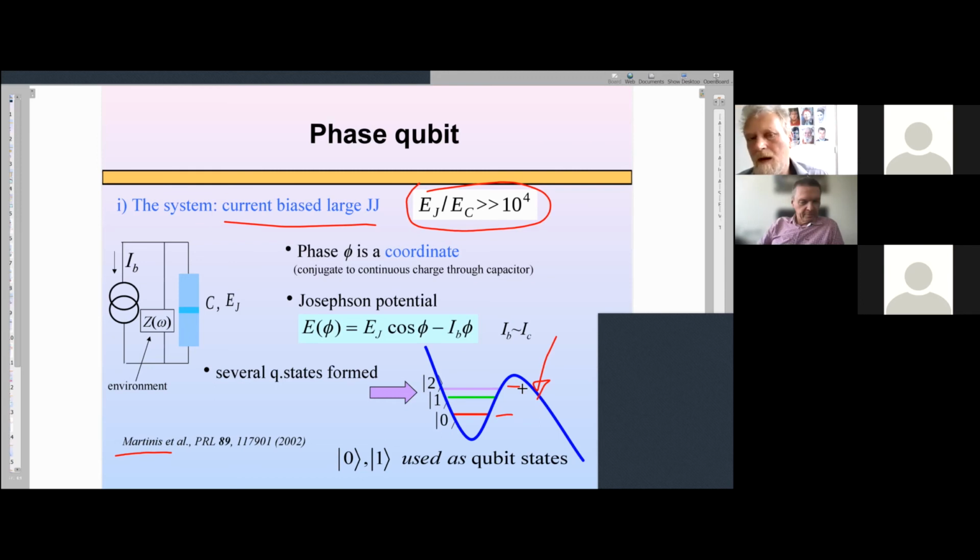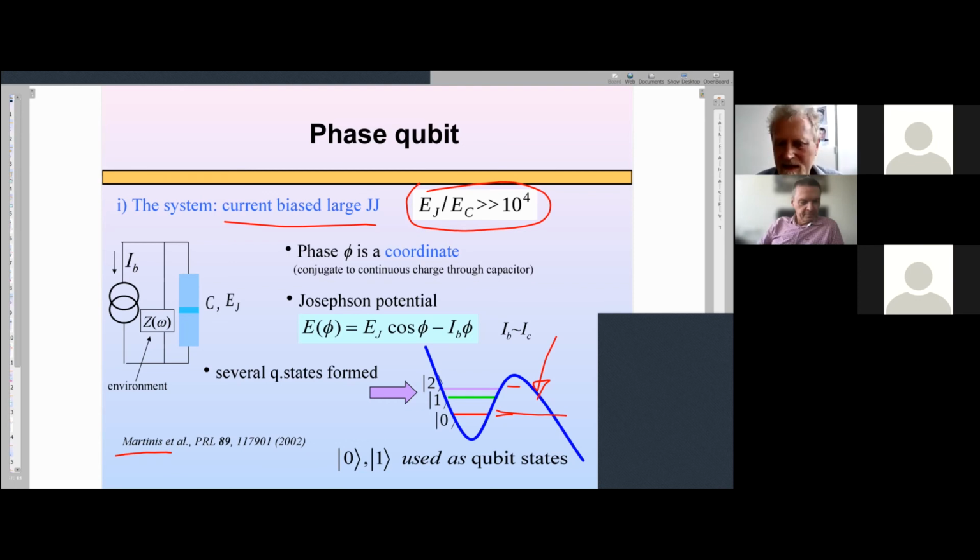Eventually, all these three states are not true quantum states. A purist would reject this qubit design. Why is it so? Because there is always a possibility to tunnel through this barrier. And once it tunnels, it just goes on and on and on. The system is out of equilibrium.